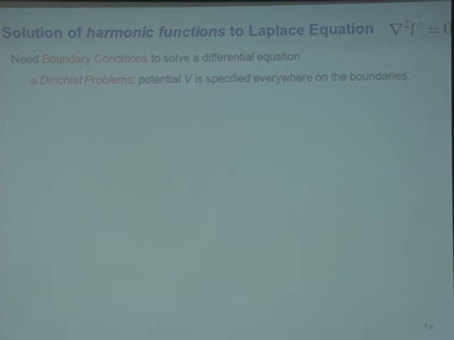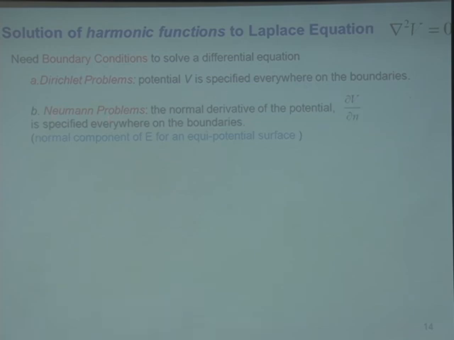And sometimes it's easier to specify the electric field on the surface, okay? And for this class of problem, we call it Neumann problem. You specify the normal derivative of the electric potential with respect to the surface normal. Basically, if it's a conducting surface, this is the normal component of the electric field at the boundary.